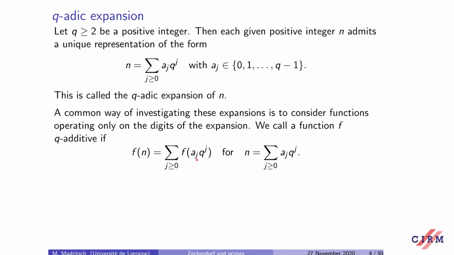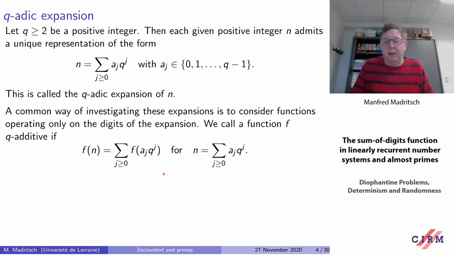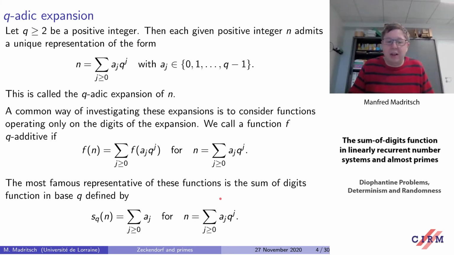If the evaluation is independent of the position of the digit, so here we have a dependency on the position j, and if that is not there, then we have a completely q-additive function. A very famous example of a q-additive function is the sum of digits function. As its name indicates, it's the sum of the digits in the q-adic expansion. And now we want to look at the relation of the digital expansion and prime numbers.